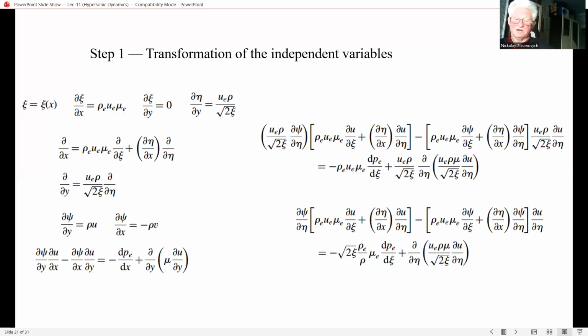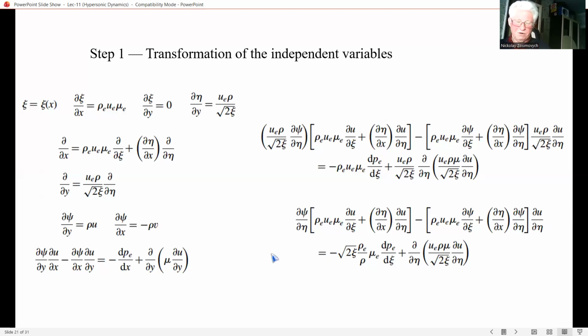Introducing the derivative transformation into this equation, we get this large expression here. Multiplying this equation by the square root of 2 zeta over u_e times rho, we can obtain a bit simpler equation, but not very nice.